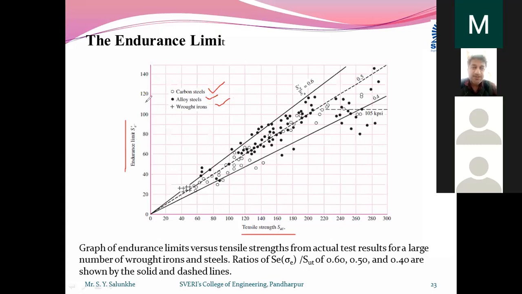Endurance limit is placed on the y-axis and tensile strength is placed on the x-axis. So you can check the difference between various materials, where the failure is going to occur, with the combination of this tensile strength and endurance limit. This is for the understanding purpose.